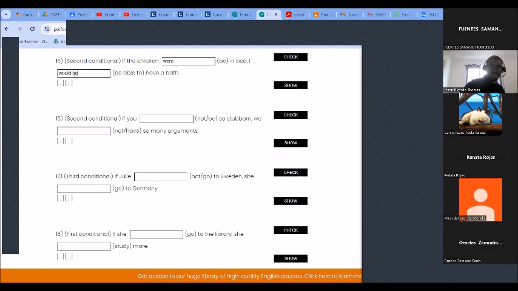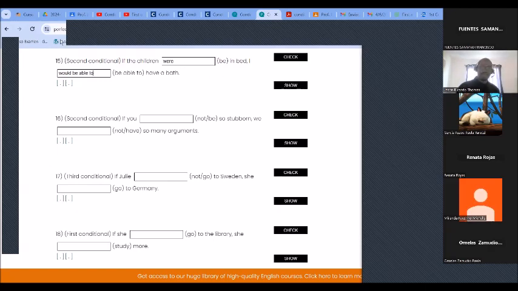And you keep the verb the same, you would be able to, because it's infinitive form. One more time: if the children were in bed, I would be able to have a bath.